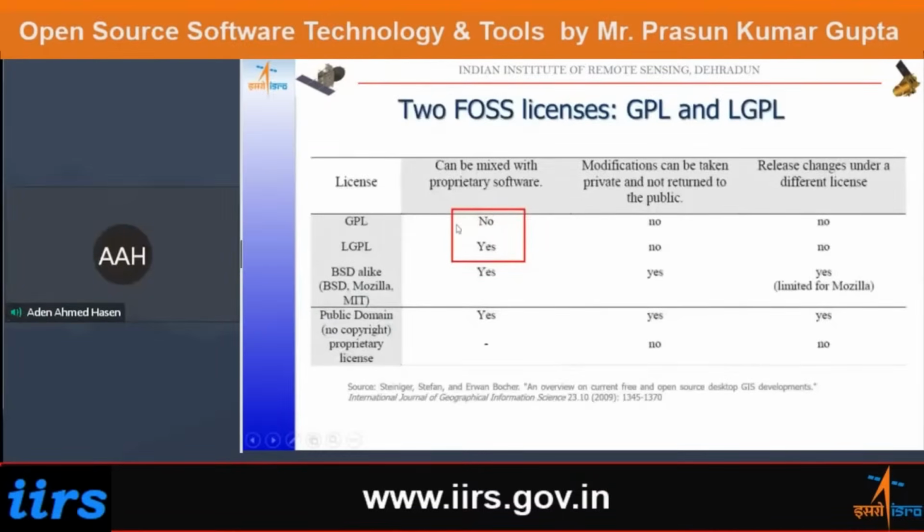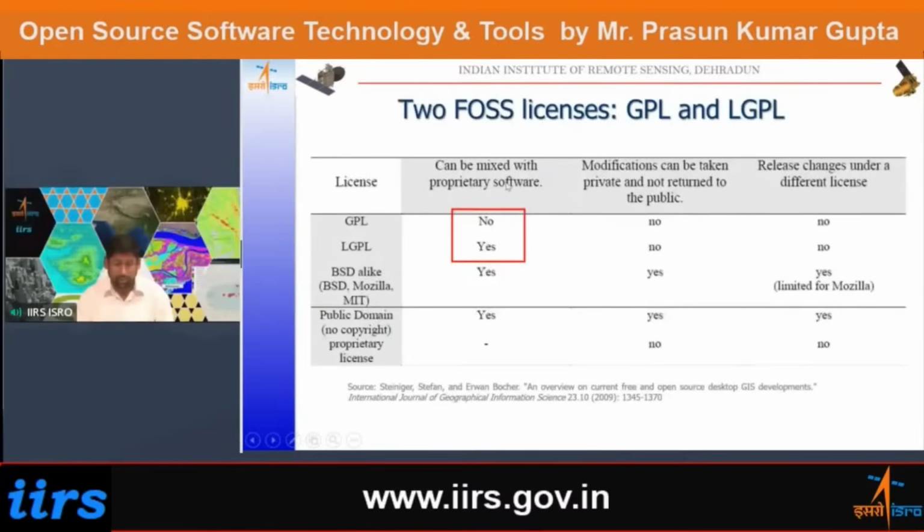As I told you, GPL is software which cannot be mixed with proprietary software, cannot be sold. It is open forever. And LGPL is software which can be mixed with proprietary softwares. A very classical example in the GIS domain is a library called GDAL.